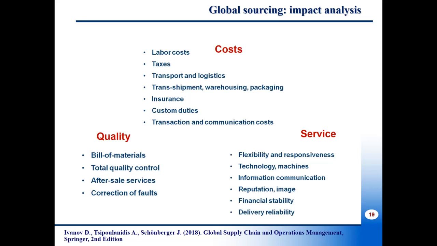Quality includes bill of material, total quality control, after-sales service, and correction of fault. For service, the analysis includes flexibility and responsiveness, technology, machines, information communication, company reputation, image, financial stability, and delivery reliability.